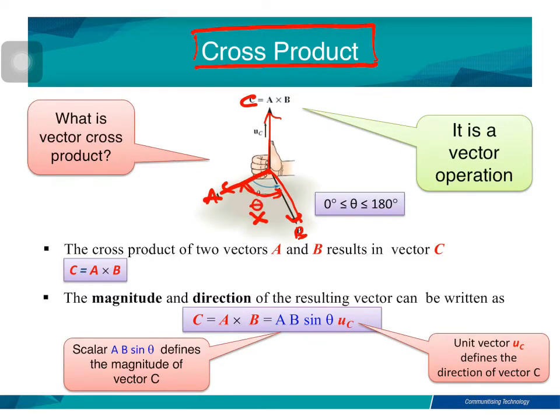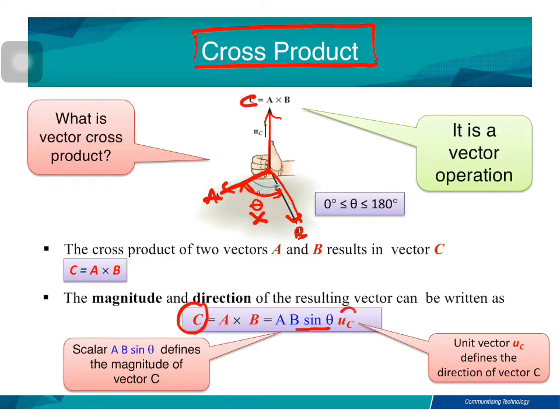The magnitude of C, A cross B, is equal to AB sine theta, where theta is the angle in between A and B.